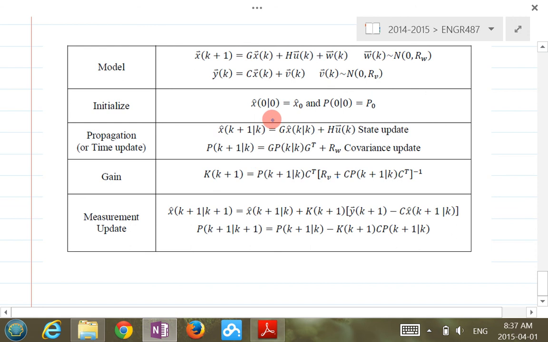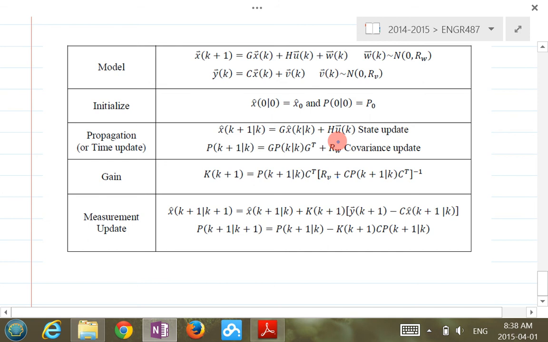to calculate x hat k plus 1 given k. Then you calculate P of k plus 1 given k. So this is also prediction, right? The P of k plus 1 given k is based on P of k and also RW.